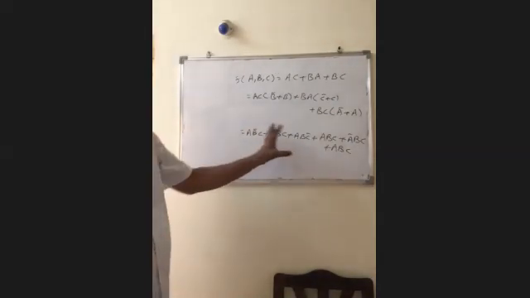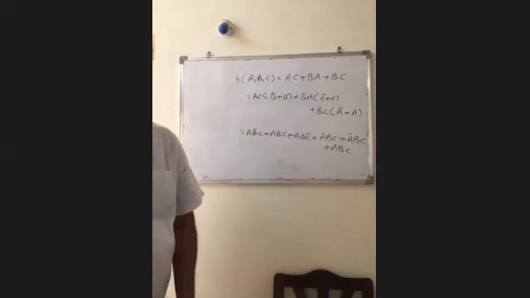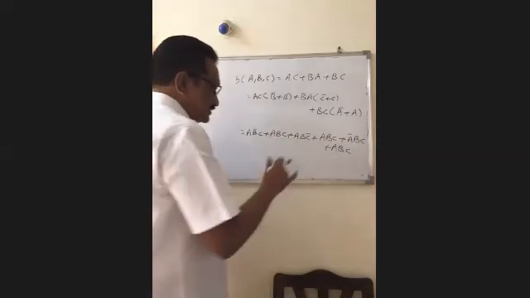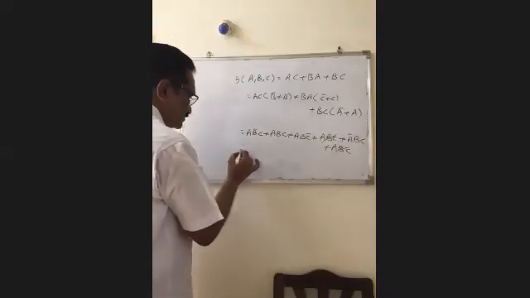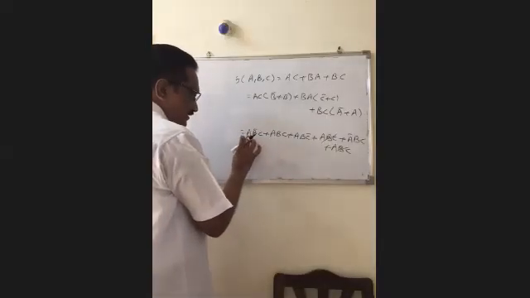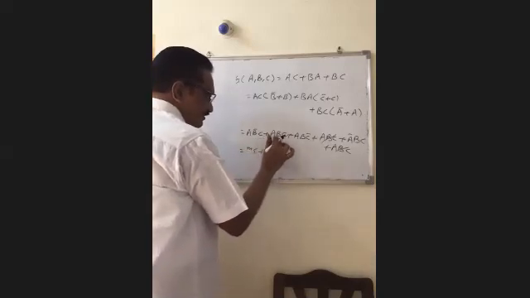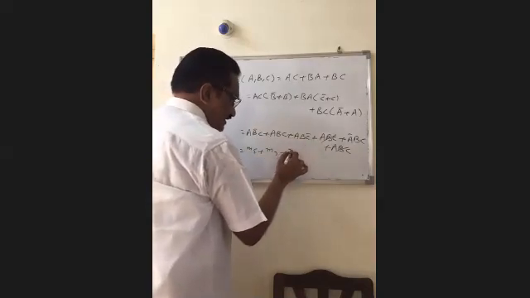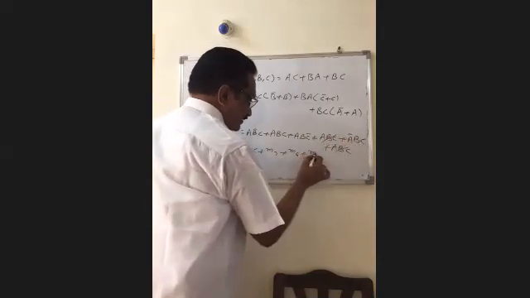Are there any repeated terms in this one? ABC is the repeated term. So cancel these two ABC terms. So simply write it as 101, which is min term 5, plus 111, min term 7, plus 110, min term 6, plus 011, min term 3.